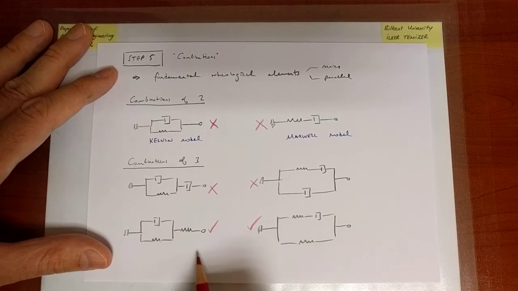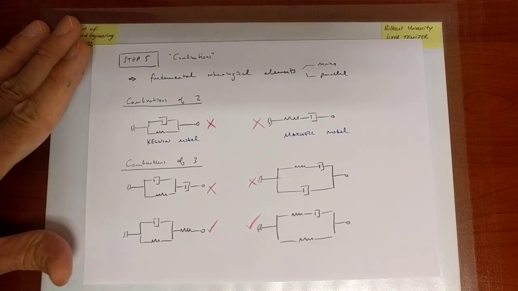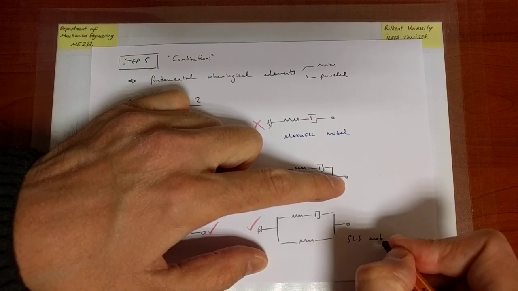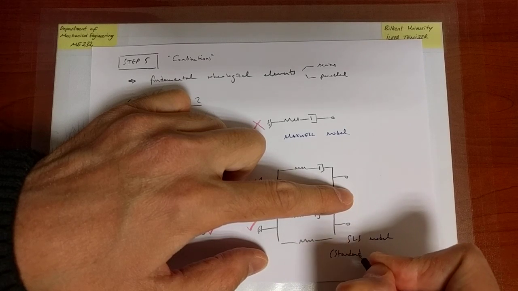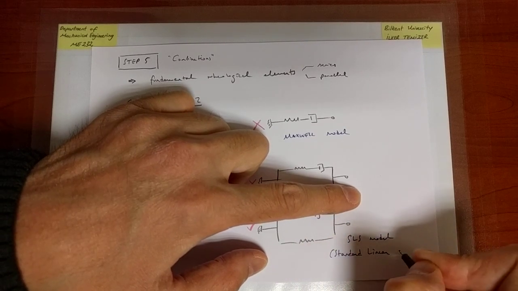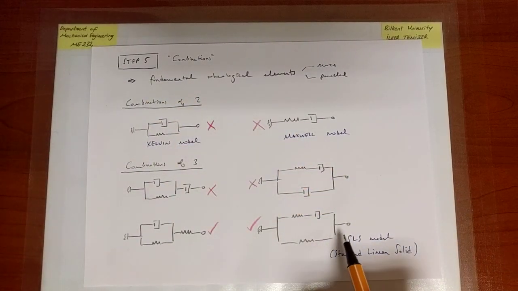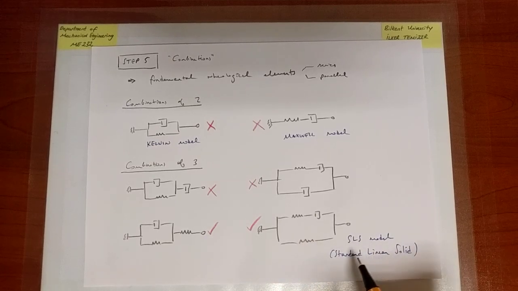Now, the one on the right is typically what one understands when one says a SLS model or a standard linear solid. That's the name that's typically attributed to this setting over here, SLS, the first three letters.